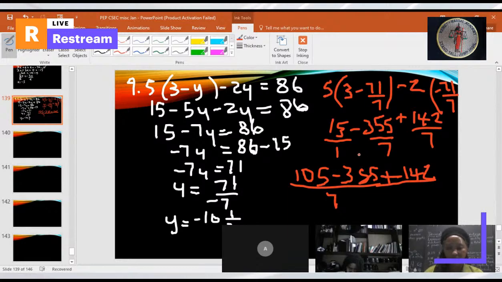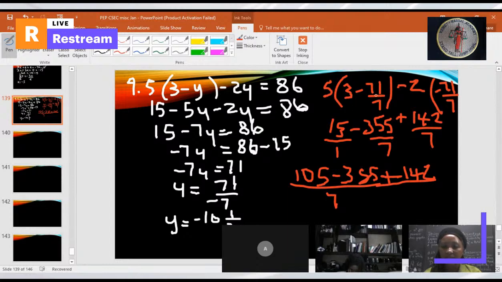All right, let me see if I did that properly. So 15 times 7. All right, so let's retract. So we have the 5, 3, negative 71 over 7, that's y, minus 2 times negative 71 over 7.